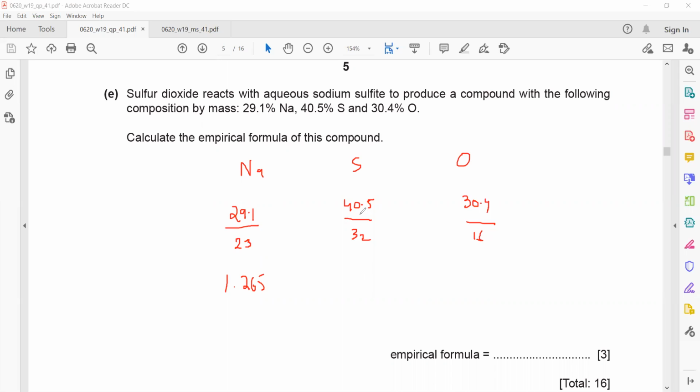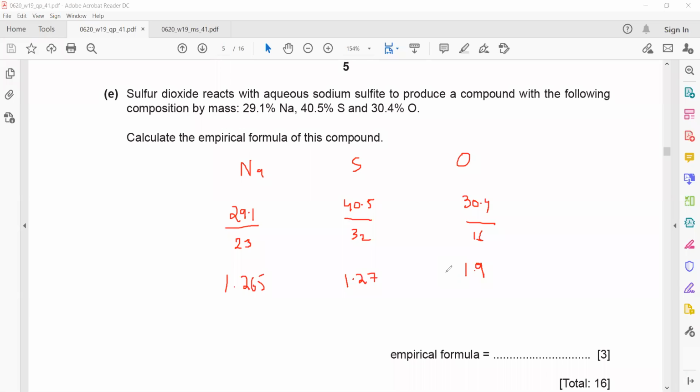What about the second one? 40.5 divided by 32, 1.27. And the last one, 30.4 divided by 16, 1.9.